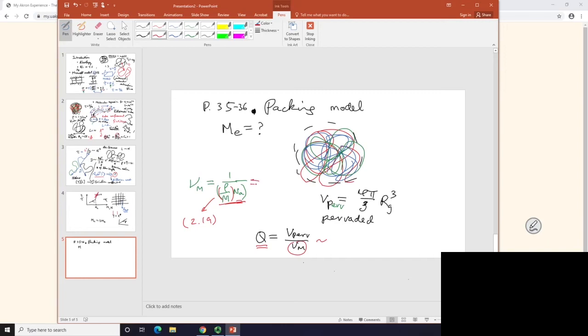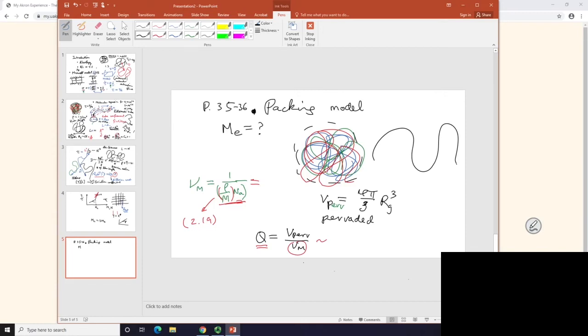So let me just introduce that most important concept, one of the most important concepts in polymer physics. So we just said this is a physical volume of a chain, okay? Physical volume, the actual space it occupies. This volume, of course, should be larger if your chain length is longer, right?